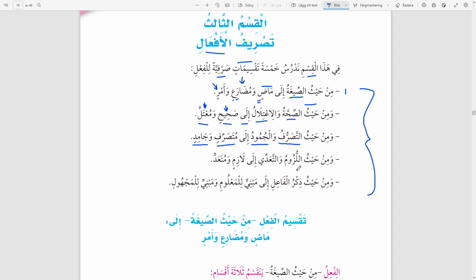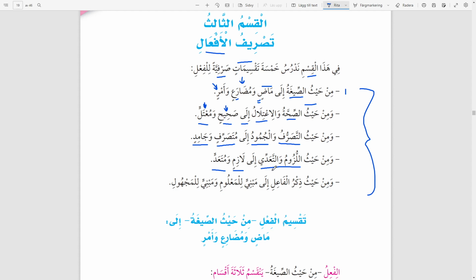ومن حيث اللزوم والتعدي إلى لازم ومتعدي. And this is with regards to the meaning of the verb. It doesn't have to do with the exact morphology, as in changing the form of the word, but strictly with the meaning.